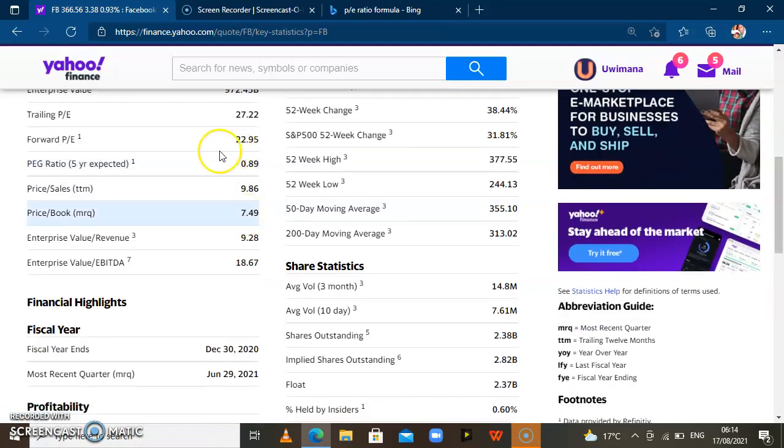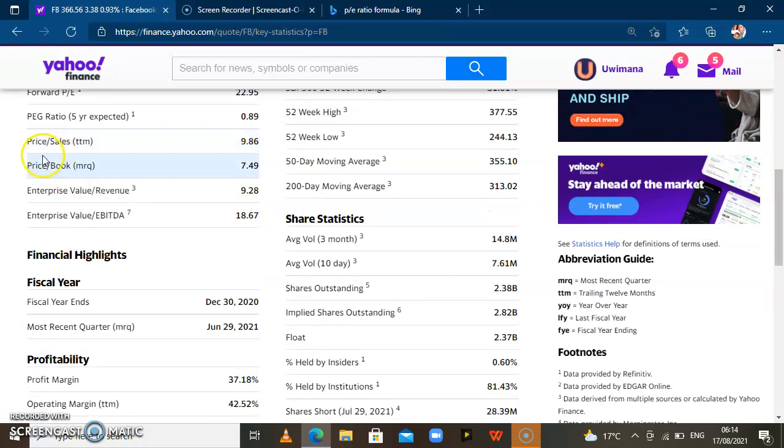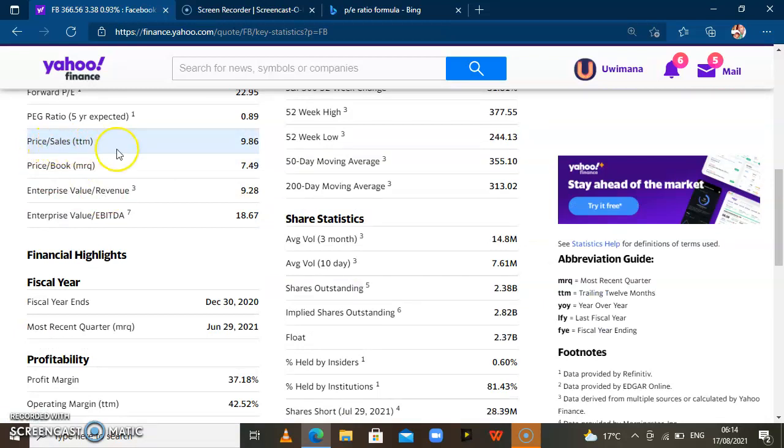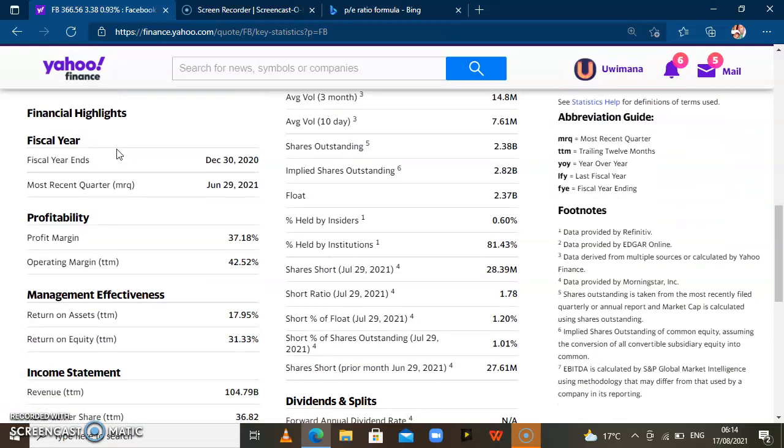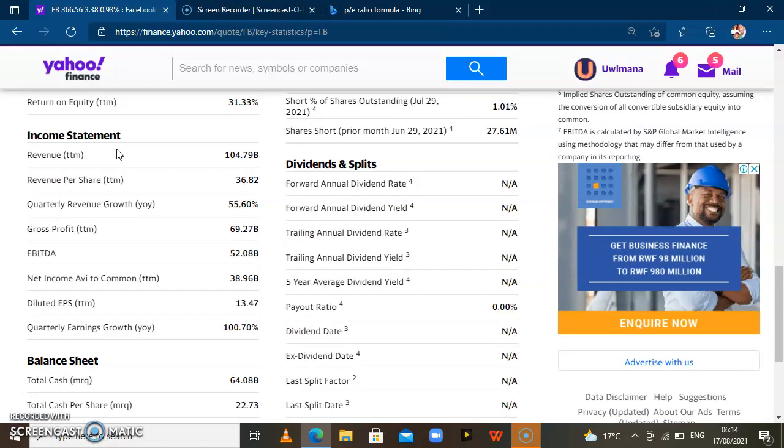Then when you look at the price per sales, now we get the price and divide by the total revenue of this company. Okay, so the price we've seen above, and below here we shall see a measure called revenue per share. Okay, this one.